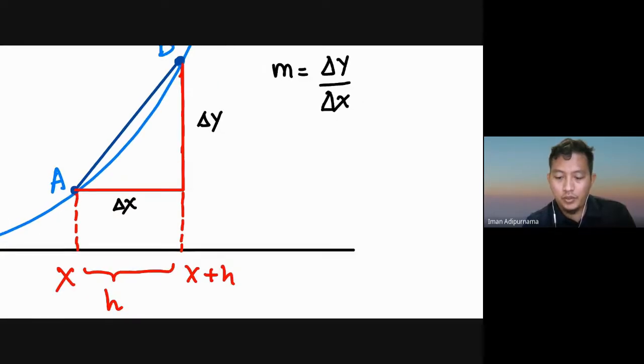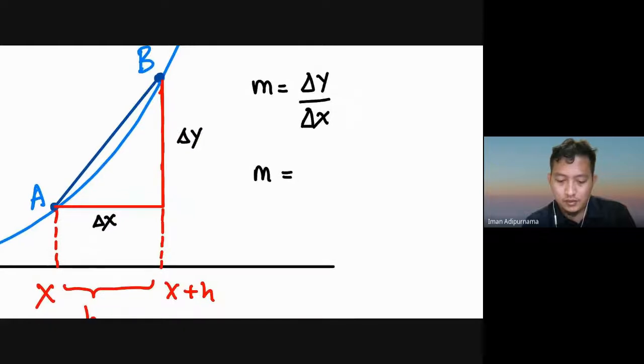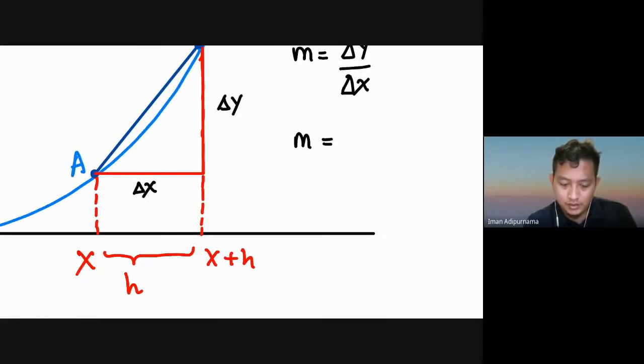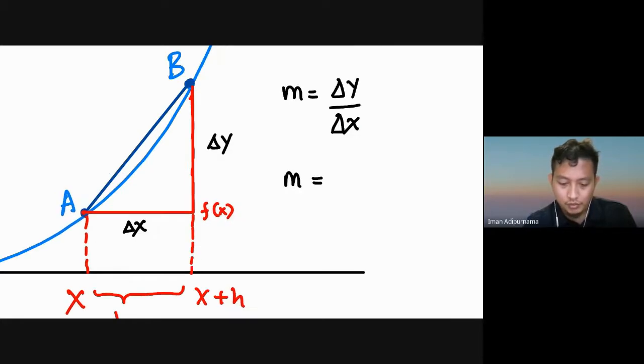Okay, and we can write the gradient in terms of the delta y will be, so let me write here, at point A here, this is f of x, right? And at point B here, this is f of x plus h.